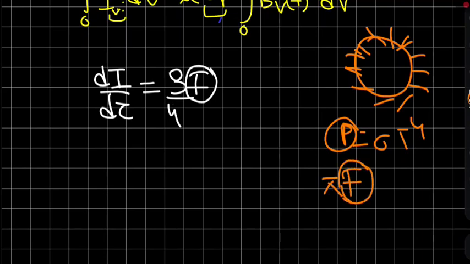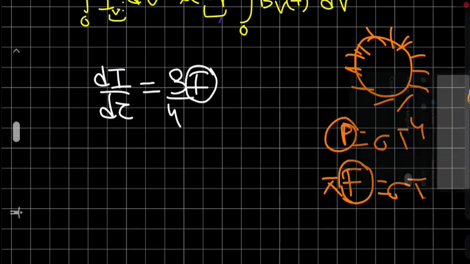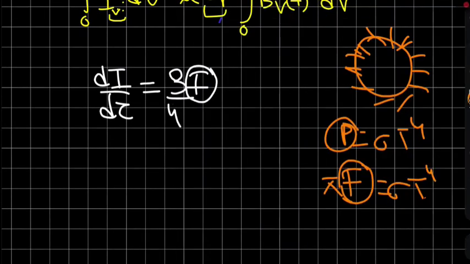You have studied electrostatics, the Gauss law about the electric flux. So that's the same thing here. It is a radiant flux, and it is also equal to sigma T to the power 4. F is the radiant flux. You have to know this is called the radiant flux.